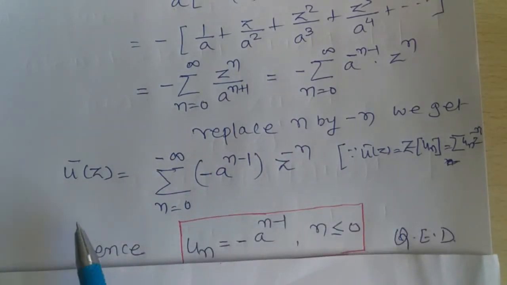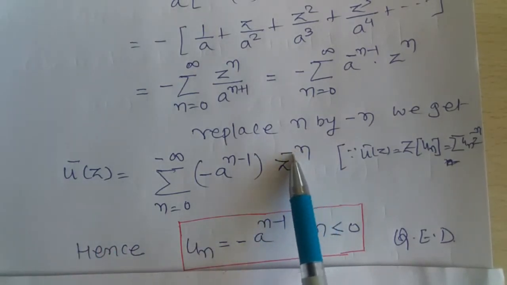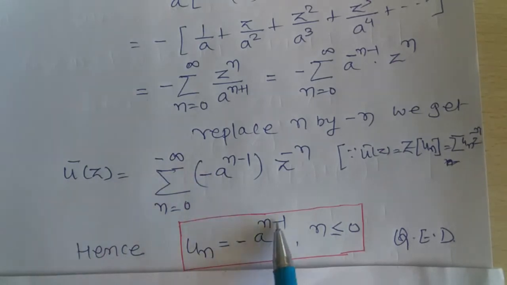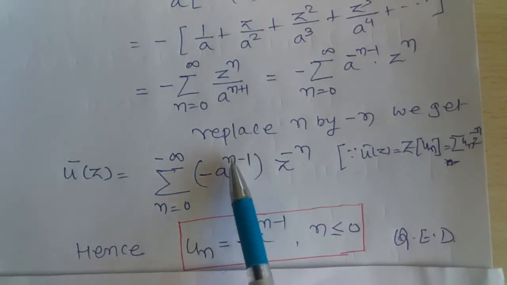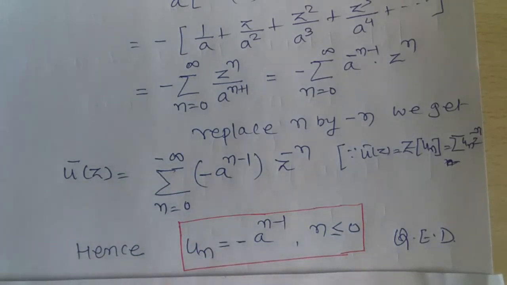So the inverse z transform of u bar z is u n, which is the coefficient of z power minus n, that is minus a raised to n minus 1 for n less than or equal to 0. So this is the inverse z transform of the given u bar z for the region of convergence mod z less than mod a.